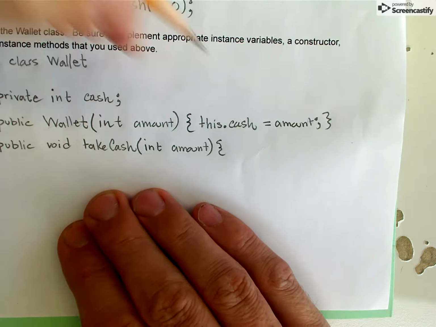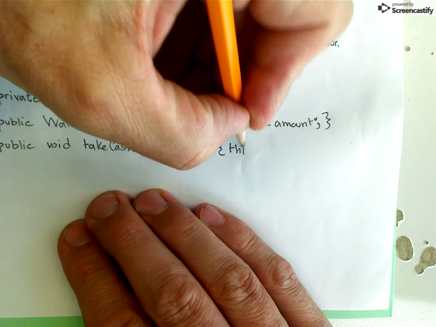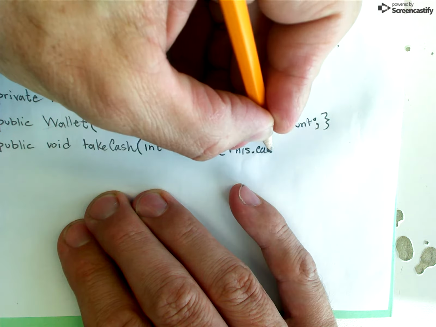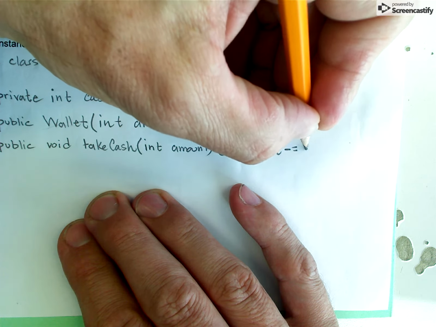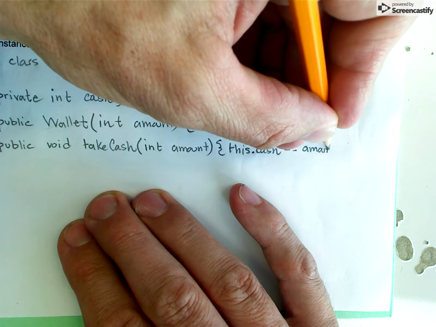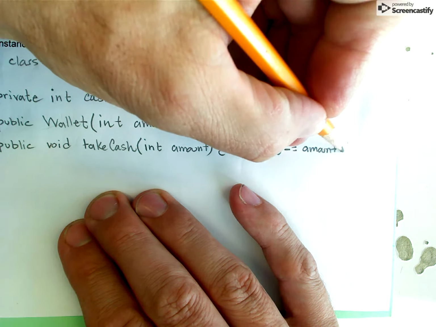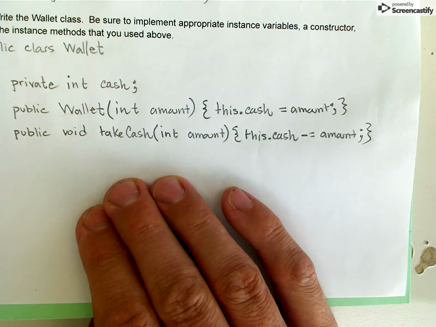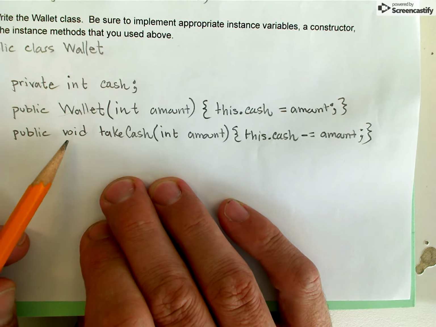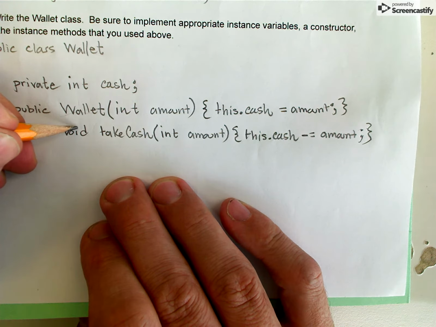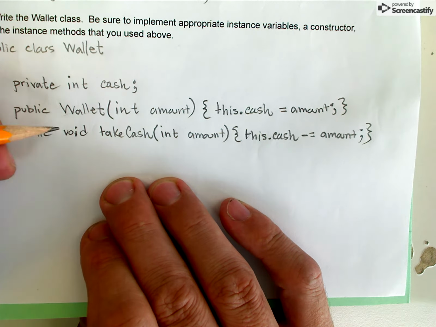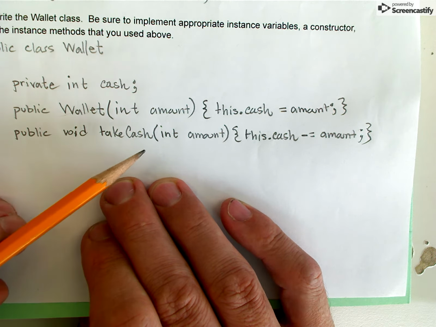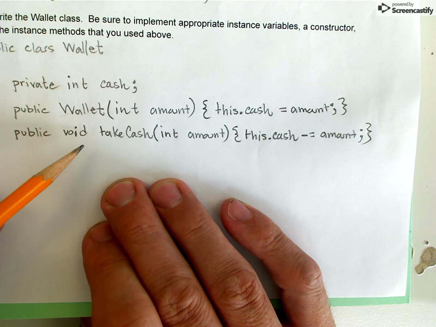So a very simple way of doing that is to just say this.cash minus equals amount. And that's it. That's my takeCash method. It doesn't return anything, and that's a little strange for us sometimes when we're first learning about classes and objects and such. But really, it just removes the cash.